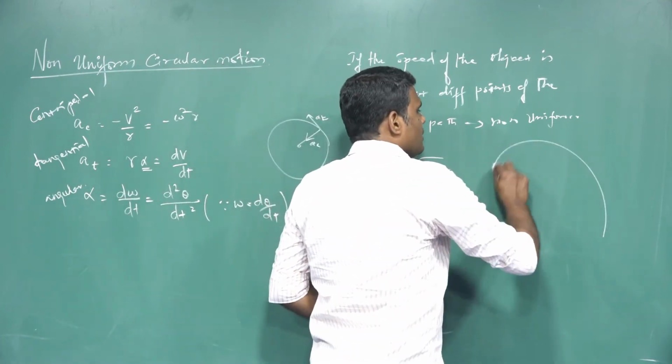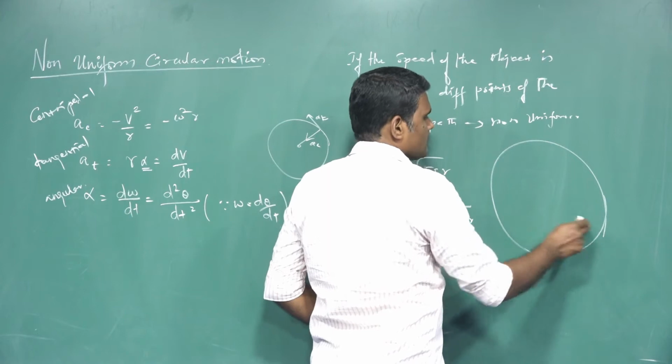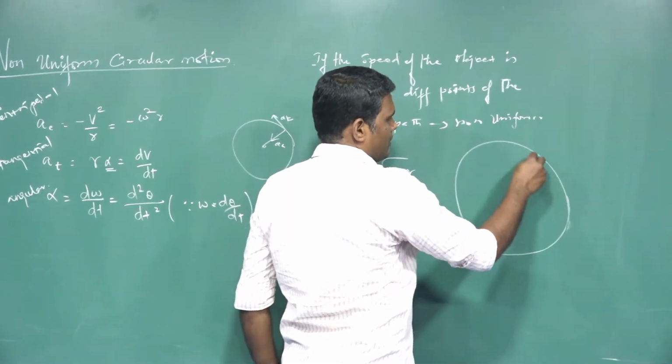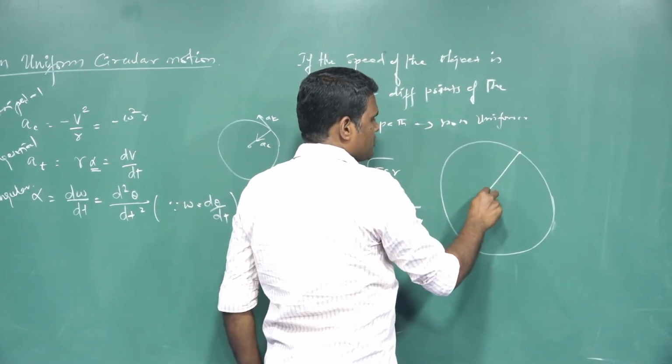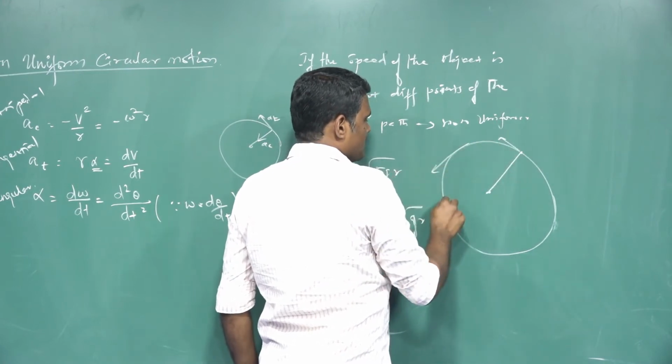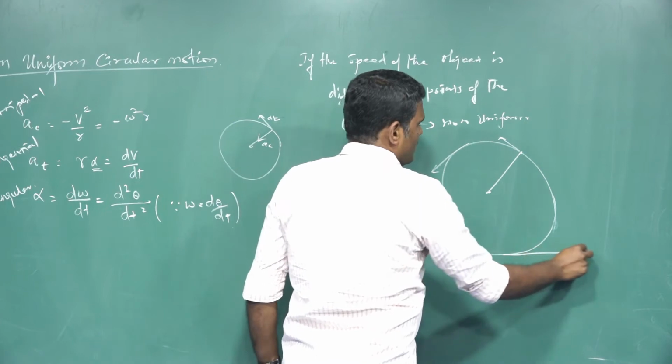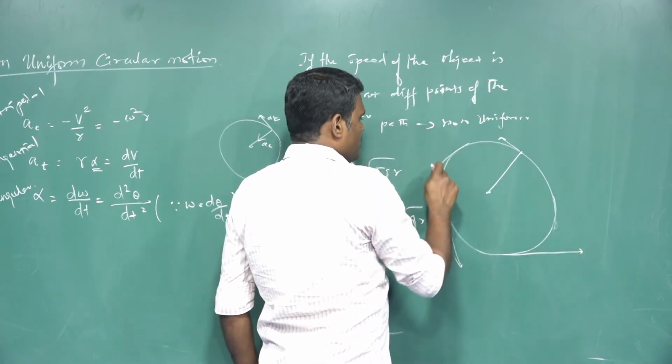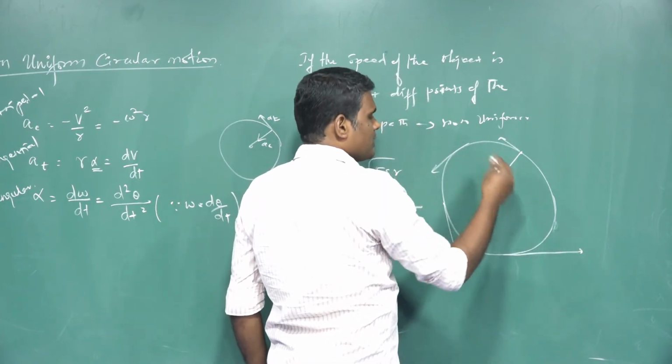So, in a circular path, if the object describes a non-uniform circular motion, then the speed at different points of its path will differ. See, the magnitudes are changing here, so speed is different.